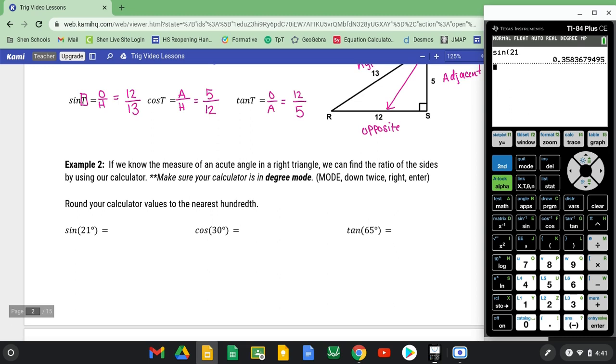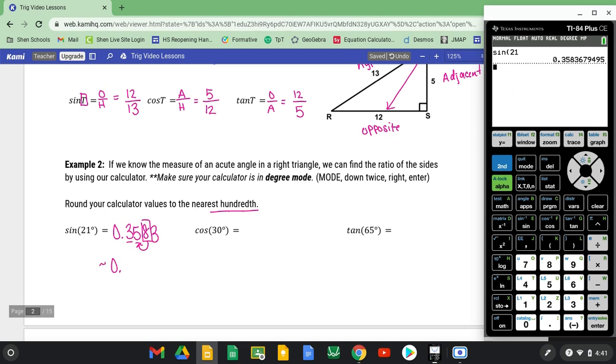Now we're going to find where sine, cosine, and tangent are on our calculator. Sine is right here, S-I-N. So we're going to click sine, and then we're going to type 21. That is the ratio of the sides. Granted, it's a decimal, but we're going to round this to the nearest hundredth.